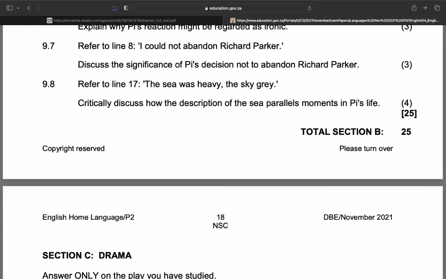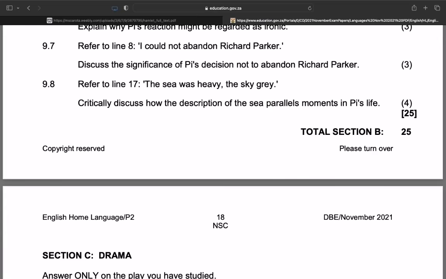And you can obviously state why they were codependent. So Pi relied on Parker for security and protection, and Parker relied on Pi for food, and therefore we have what we call a symbiotic relationship.